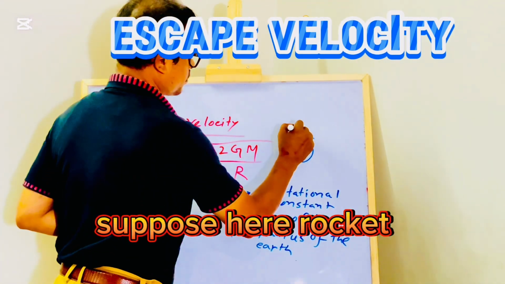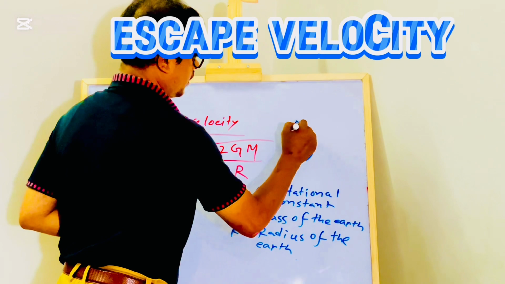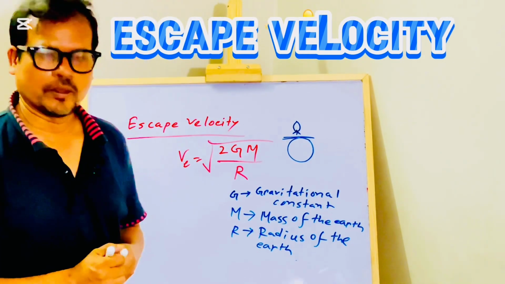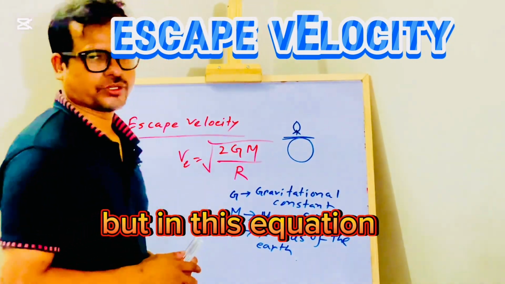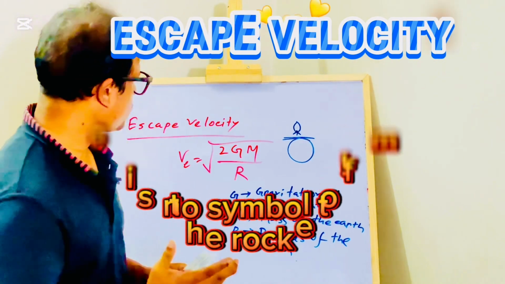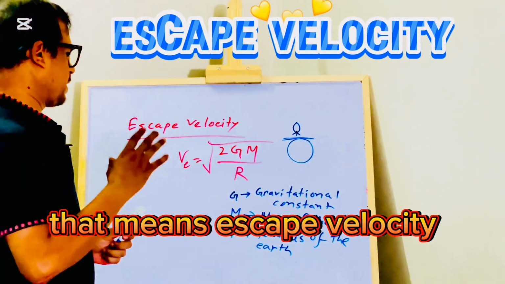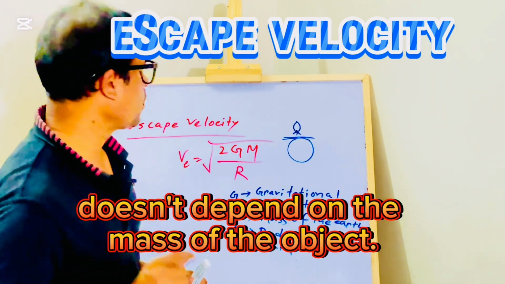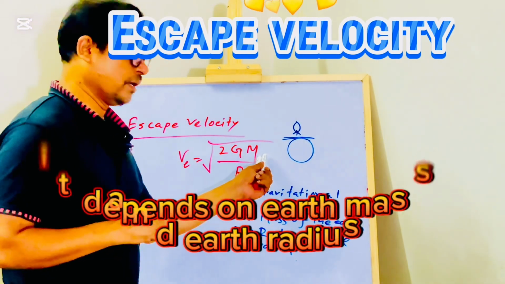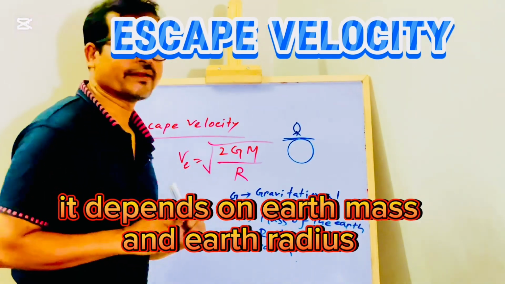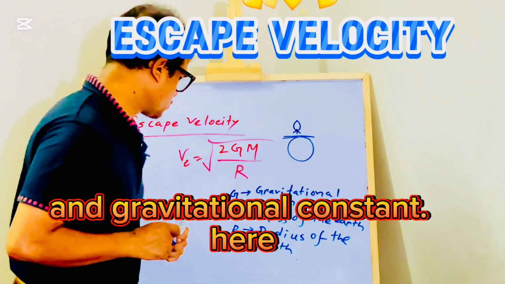Suppose the rocket is going, but in this equation there is no symbol for its mass. That means escape velocity doesn't depend on the mass of the object. It depends on earth's mass, earth's radius, and the gravitational constant.